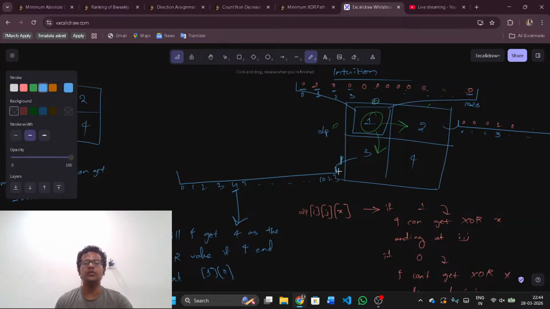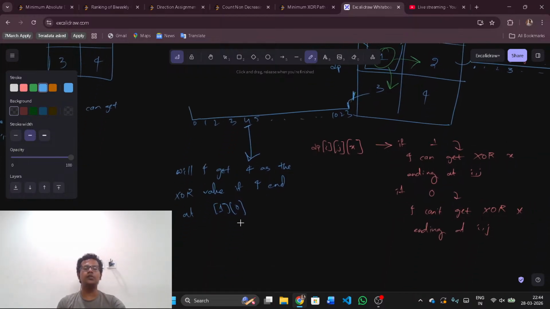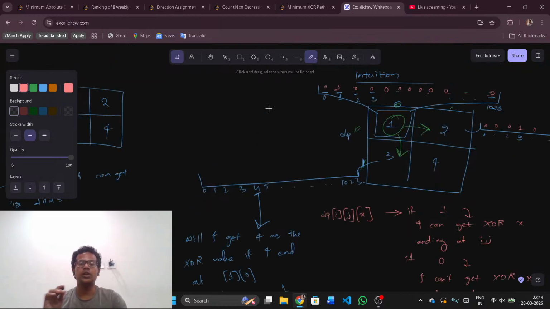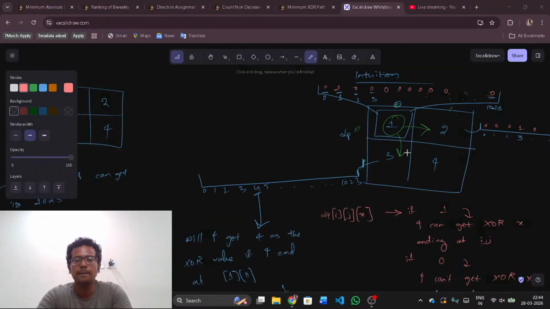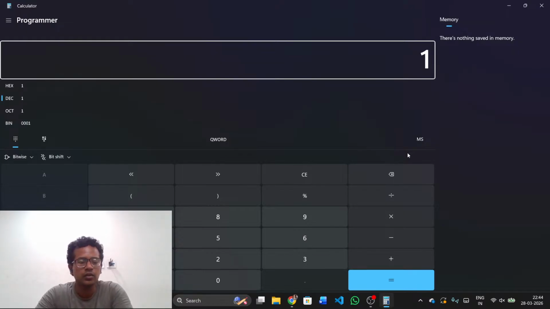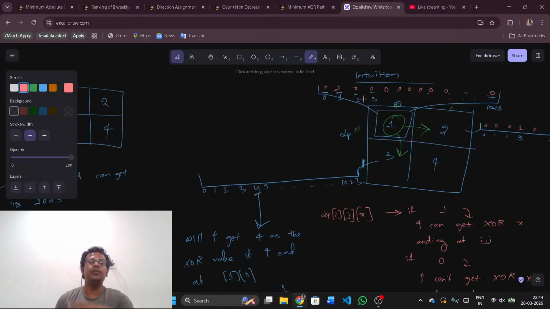If so, it is 1, else it will be 0. I think you got it. Now let me tell you 1 XOR 3. 1 XOR 3 will be 2. So only 2 will be 1, remaining all will be zeros.